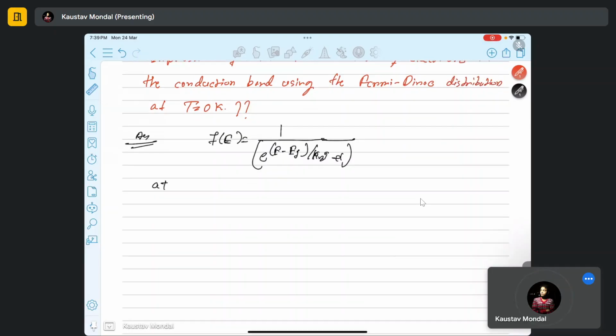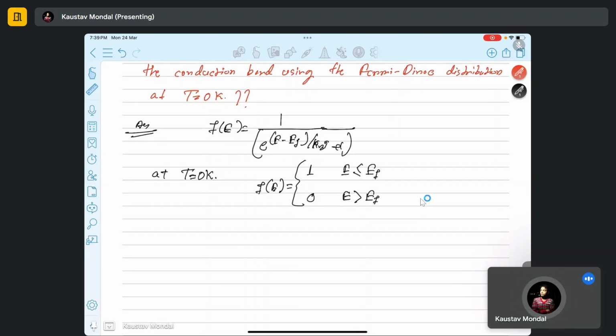Now at T equal to 0 Kelvin, what happens? F(E) is equal to 1 for E less than EF and 0 if E is greater than EF. Here EF is the Fermi energy.